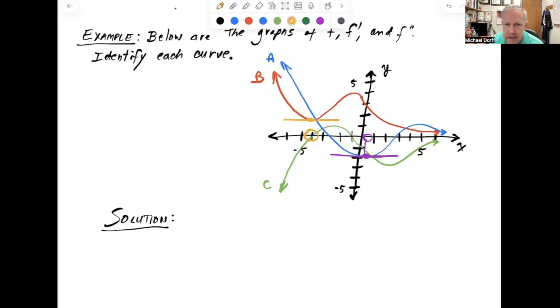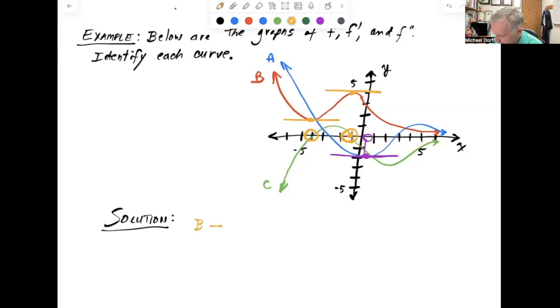Let's look at another point on the red curve. Right here in orange, above x equals -1, we also have a horizontal tangent line. And if I go straight down, I see that's where the green line crosses the x-axis.